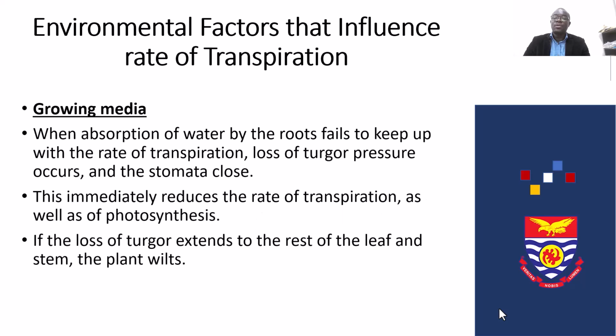When absorption of water by the roots fails to keep up with the rate of transpiration, loss of turgor pressure occurs and the stomata close. This immediately reduces the rate of transpiration as well as of photosynthesis. If the loss of turgor extends to the rest of the leaf and stem, the plant wilts.